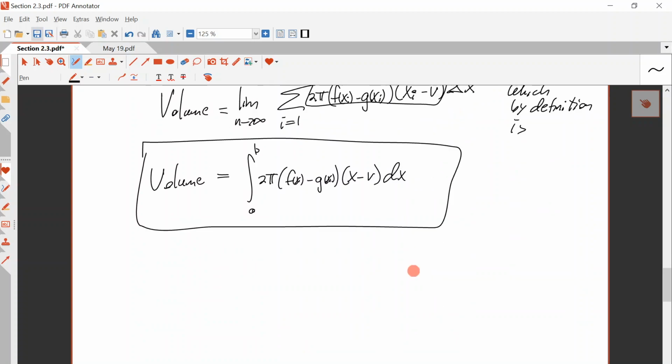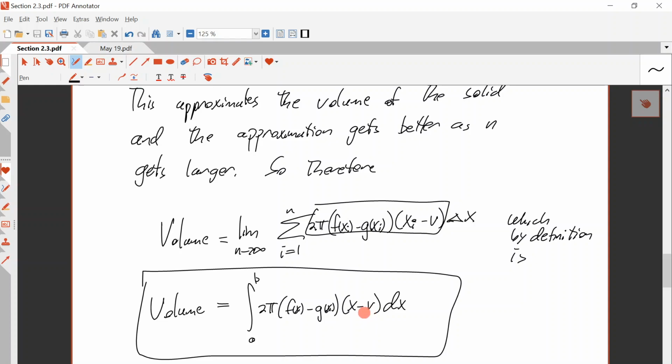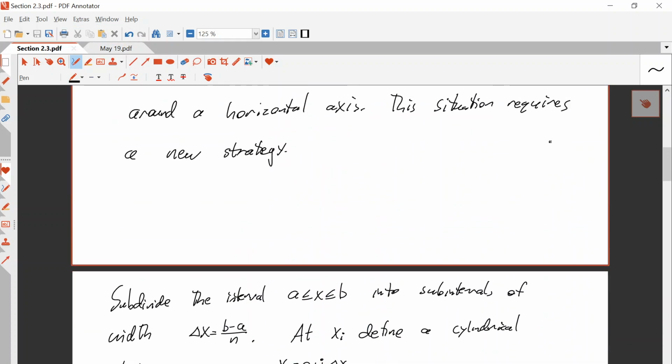So there are different situations, which I was talking about, and that's when the axis is to the left of that region that you're rotating. So the axis of rotation is to the left of the region. It could be that the axis of rotation is to the right, in which case the only difference is as follows. So let me summarize. So let me get that picture.